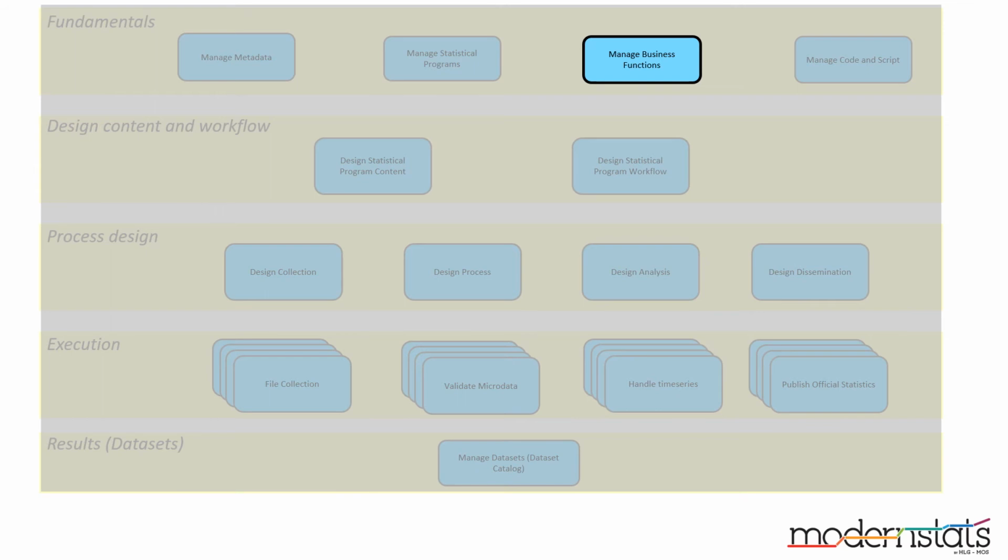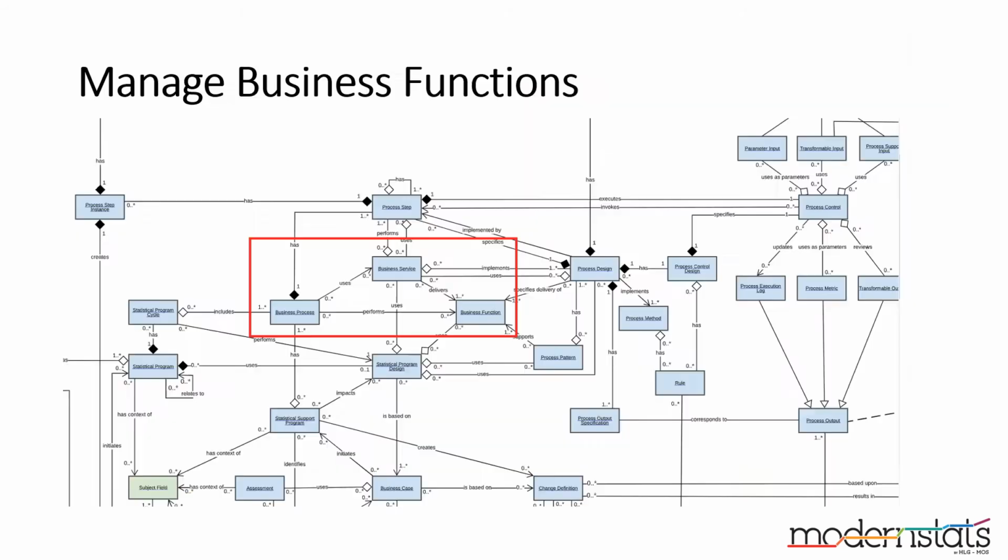And the next one to take a look into is manage business functions, and these are the objects involved, and this is the repository of things that we do and what services we are using to do it. So yeah, this capability has these objects.